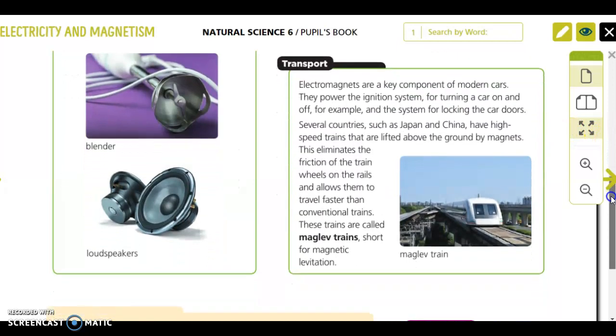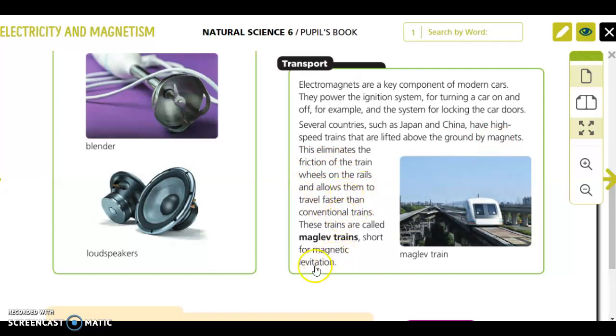Then transport. Yeah, they also use magnets. Several countries such as Japan and China have high-speed trains that are lifted above the ground. They are not touching. They haven't got contact, and that happens because they use magnets. This eliminates the friction of the train wheels, and that allows the train to travel faster.